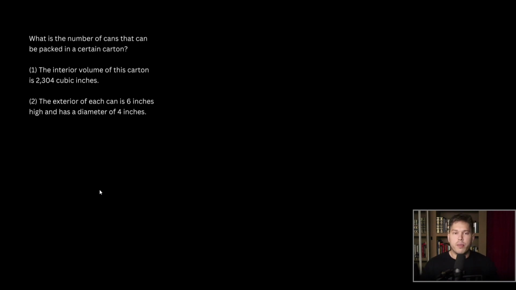Now let's see if we can put them together to solve the problem. Okay, so if we know the volume of our box and we know the dimensions of our can, do we have enough information then in order to solve the problem? And to answer this question, I like to simplify into something just simpler. 2304 is a hard number to use.